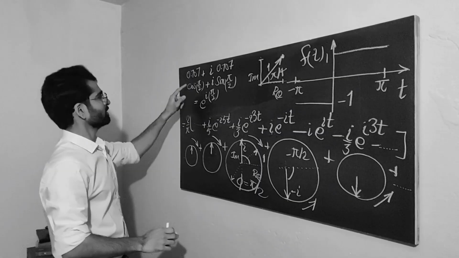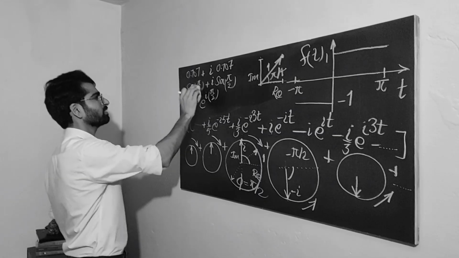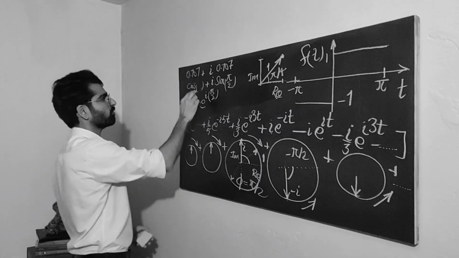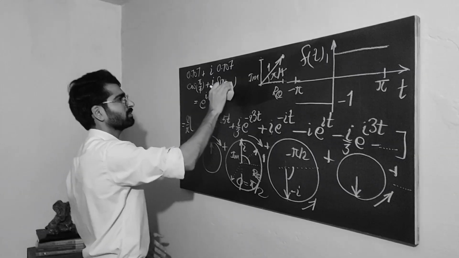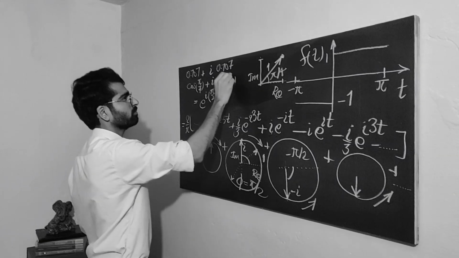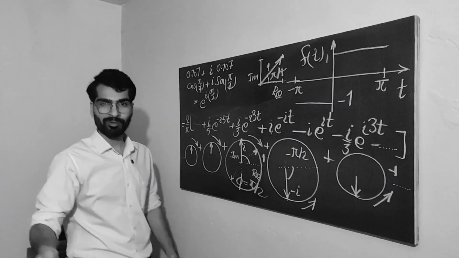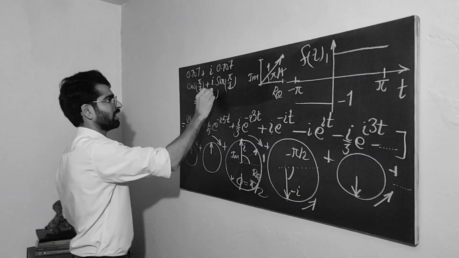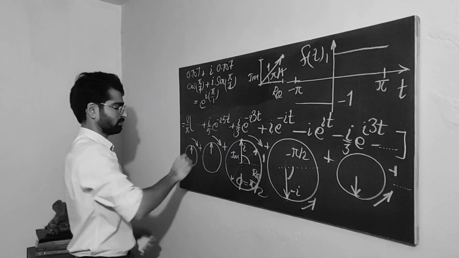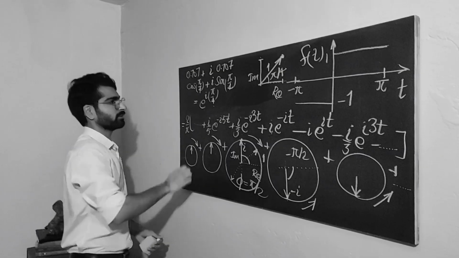Then this quantity will be cosine of pi over 4, 45 degrees, and this will be sine of pi over 4. And now Euler says it has to be e to the i times pi over 4.